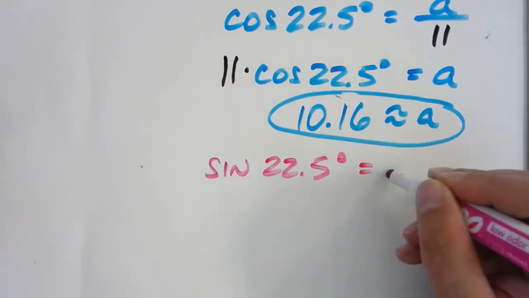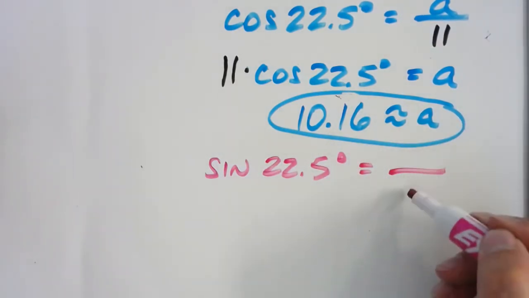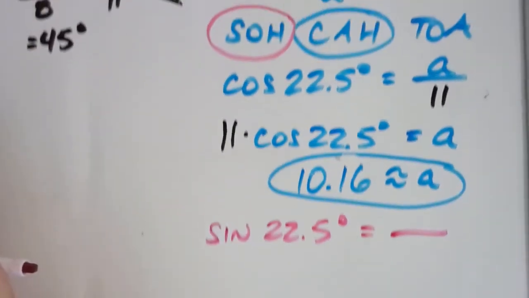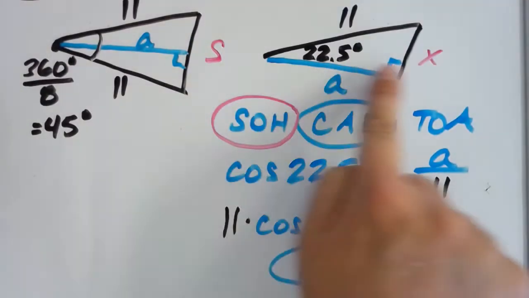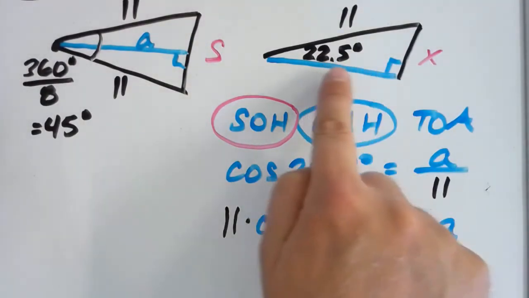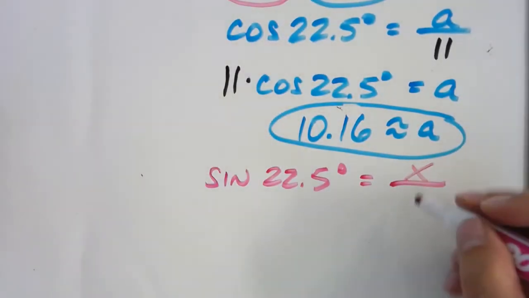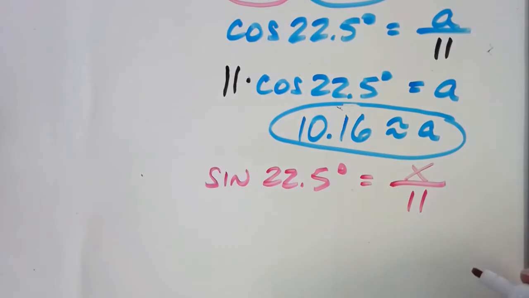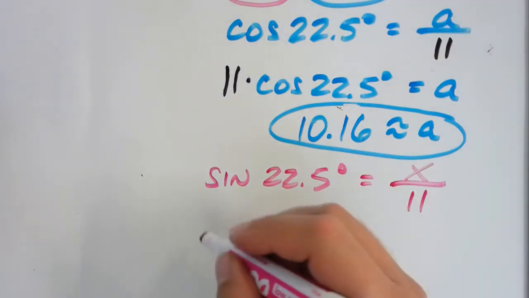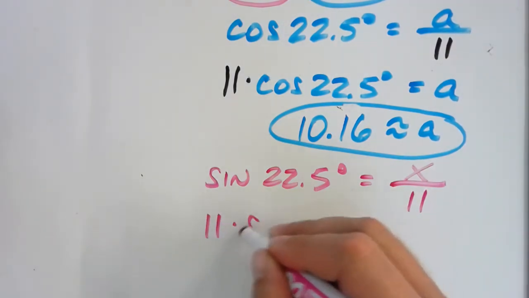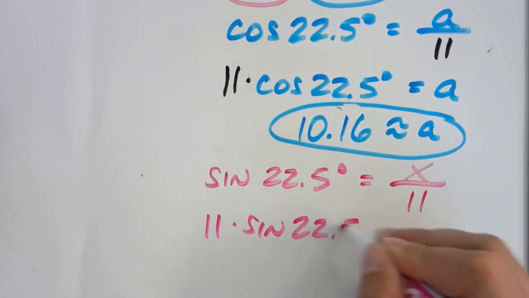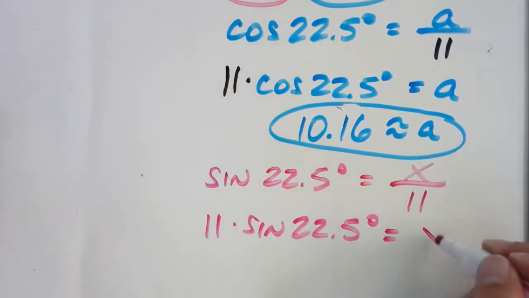But now the ratio is going to be opposite over hypotenuse. Based on that triangle, opposite was that unknown x, hypotenuse was 11. So solving for the x, I'm going to multiply 11 to this other side. Looks gross, but it's just a number in a calculator.